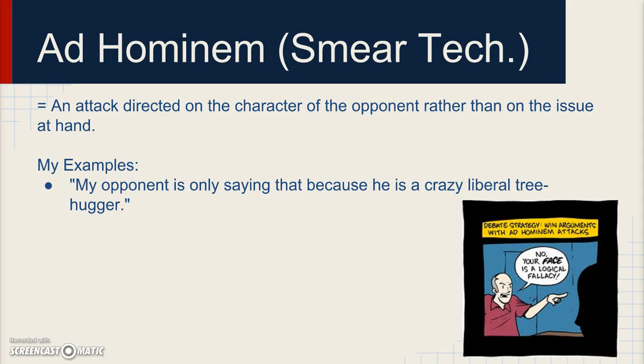It doesn't address the actual issue. So if you say, I'm not voting for someone because I hate their hair color, that would also be an ad hominem. You're focused on the person rather than the issue at hand.